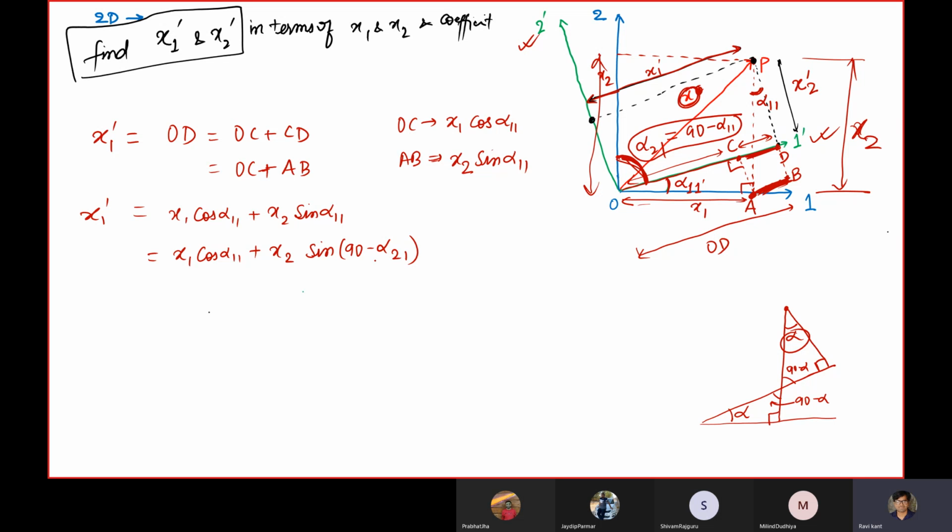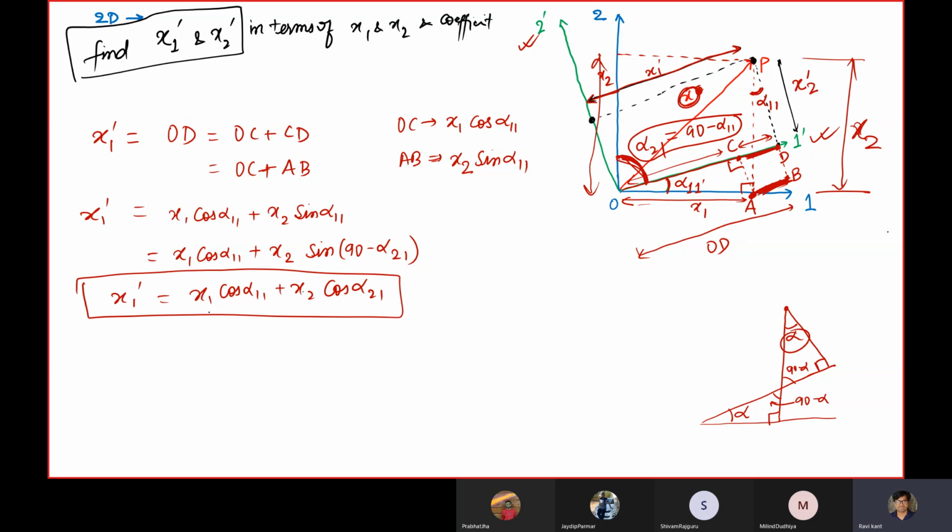Sine of 90 minus theta is cos theta, right? So x1 cos alpha 11 plus x2 cos alpha 21, I can write. So we have achieved one relation, and this relation is very important.